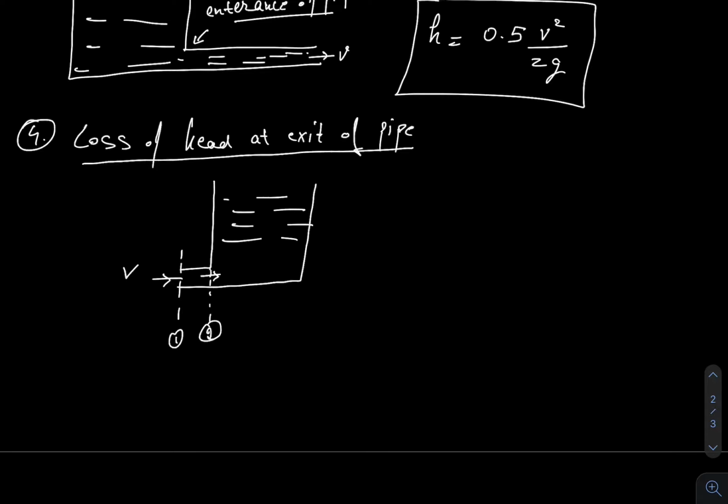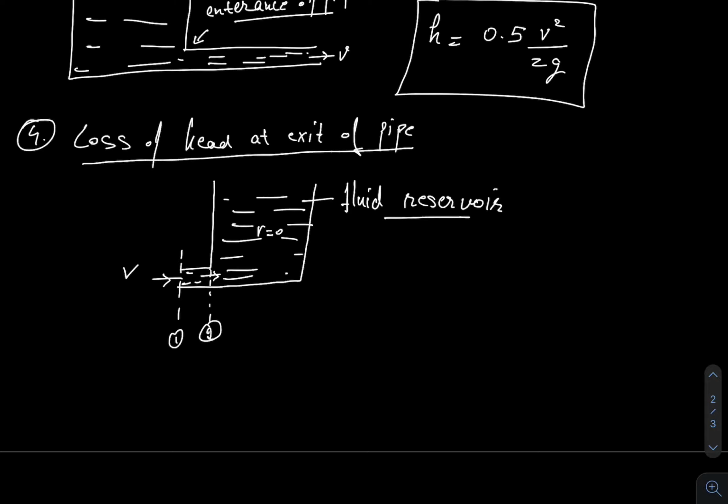Let's say this is the fluid. This is my fluid reservoir. Basically my fluid is entering from one cross section and it is exiting at the second cross section into the reservoir. Obviously, as it is a reservoir, here the velocity will be 0. So I want to calculate the minor losses at the exit of this pipe.